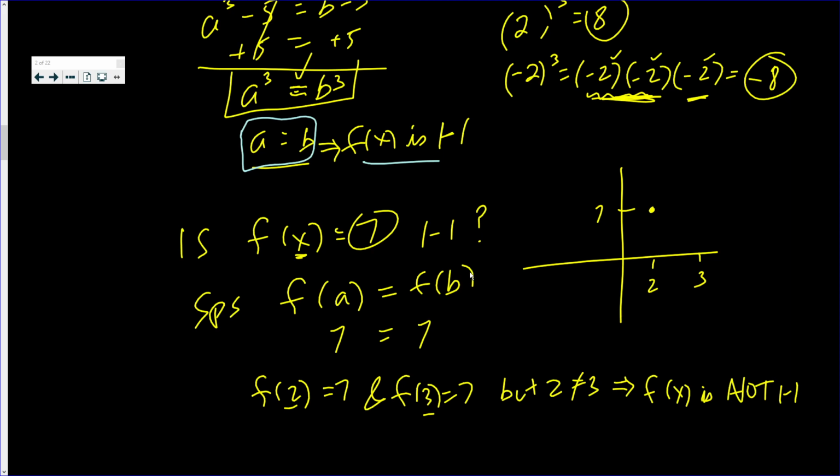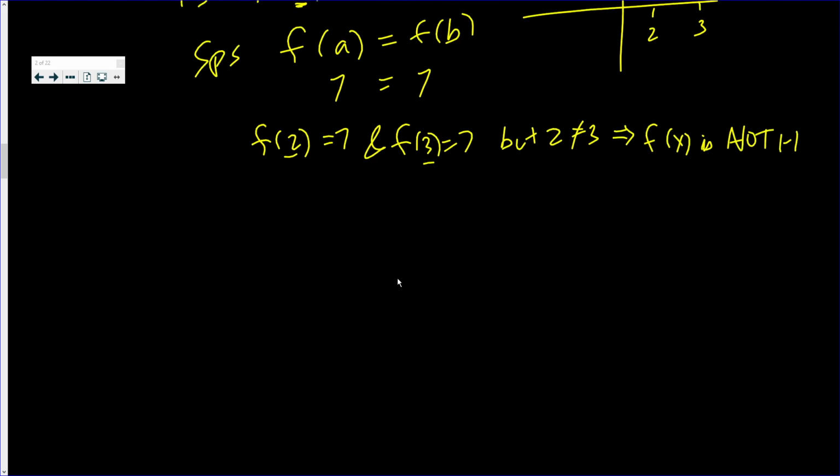But at this point, I don't really care, because I can find a horizontal line that crosses the graph in two places. That function is not one-to-one. In fact, the graph is this horizontal line. But again, it could have just been this graph.